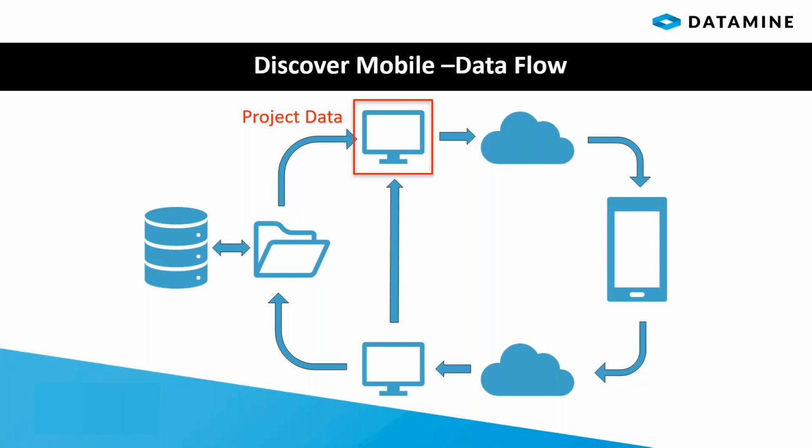So the next step is to create a Discover mobile project on the desktop. So we start by creating a workspace, just as you would in any Discover project. This workspace will contain all the required source data, and then you create a mobile project in the software. You'll be prompted to clip out all the data you need.